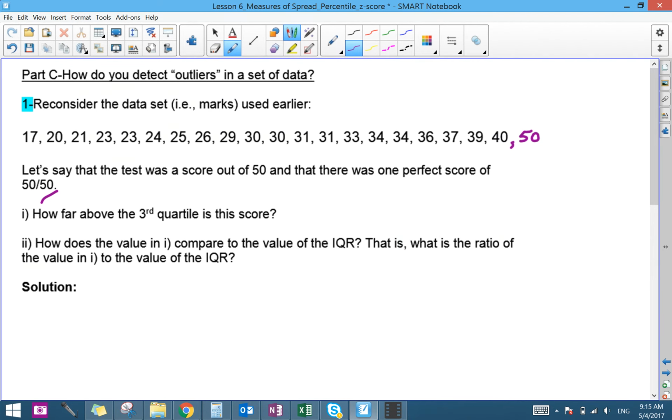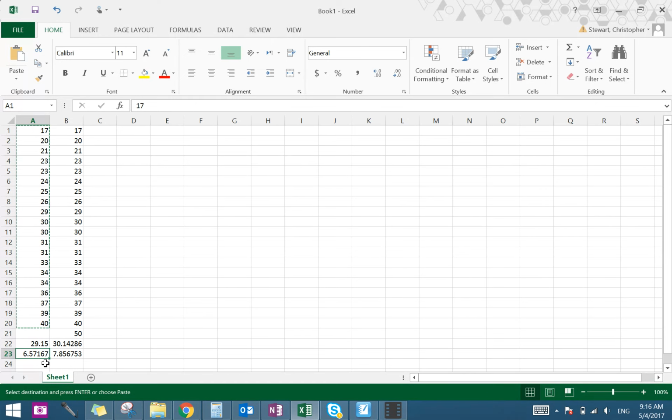In order to assess that, you can take some time to start visualizing the data to help you formulate a strong argument. In Excel, you can see that I have included the original data set, pasted that in, and here I've calculated the average, and here is the standard deviation for that data set. Over here, what I've done is I've included the 50 as the new value. So there's the average.